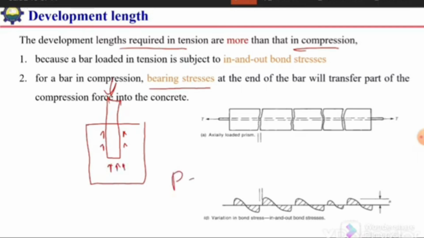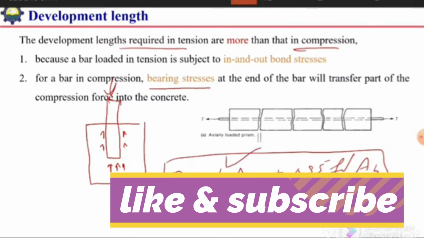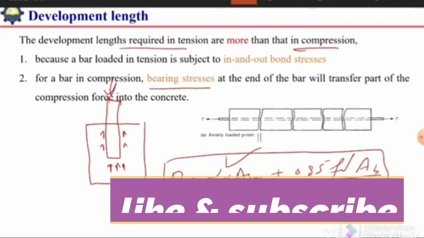So this P will be equal to bond strength multiplied by the surface area plus the end bearing, which will be equal to 0.85 Fc prime times the area of the bar end bearing. So here the load will be resisted by these two components instead of only the bond stress. That's why the required development length is reduced in case of compression.